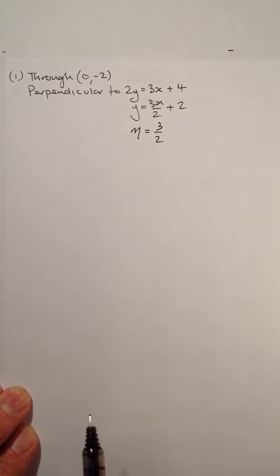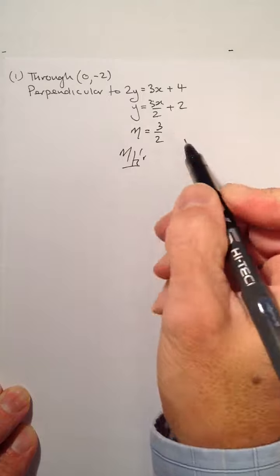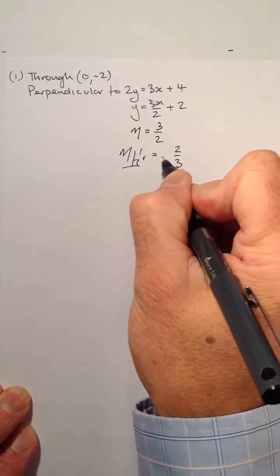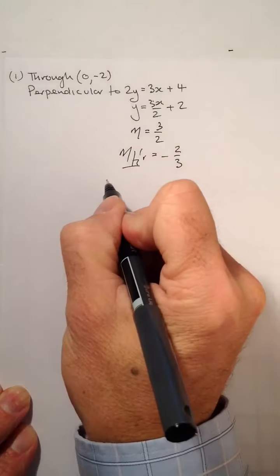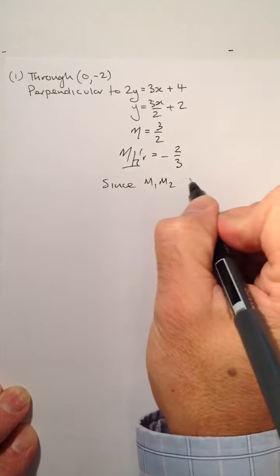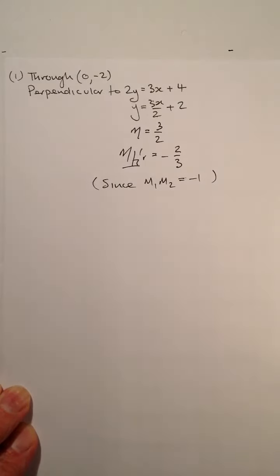Okay, so the perpendicular gradient will be the fraction flipped over, and all I'll do is change the sign. The reason for that is that gradient 1 times gradient 2 is equal to -1 for a perpendicular gradient.